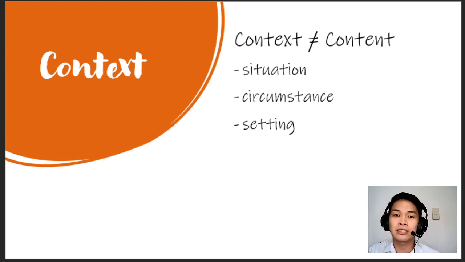So when we say context, we refer to different situations, different circumstances, different settings. It depends on the situation, it depends on the circumstance, it depends on the setting. That's what we mean by context.